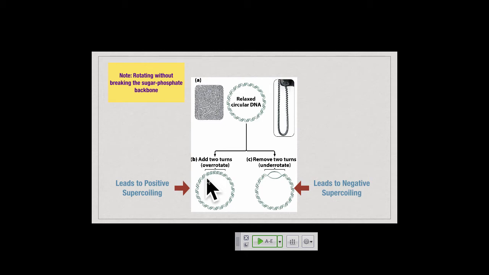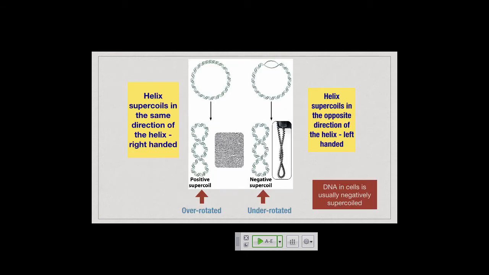If you over-rotate it, it's going to give you positive supercoils, which means the positive just means the supercoils go in the same right-handed direction that the helix is turned. Negative supercoils just flip them in the other direction. You're turning one way, it goes this way. You turn it the other way, it flips back in the other direction. Okay? So this is what we find in cells, is this negative supercoiling.